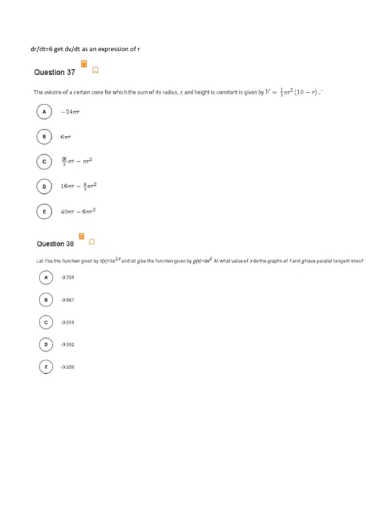So this got cut off, so I had to type a little bit on the top. Okay, so I have dV/dt. I'm going to get the derivative of the first thing. That gives me 2/3 pi r dr/dt times 10 minus r, plus 1/3 pi r squared times negative dr/dt. So I'm going to replace dr/dt with 6.